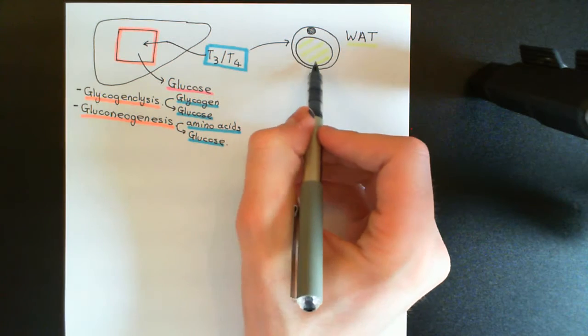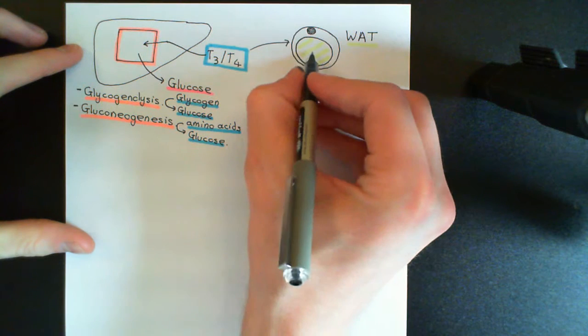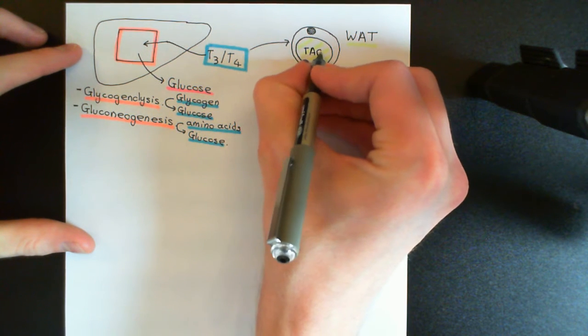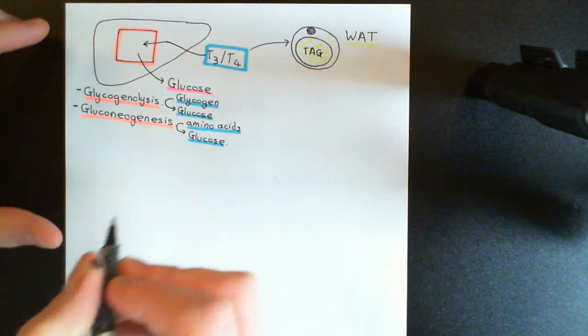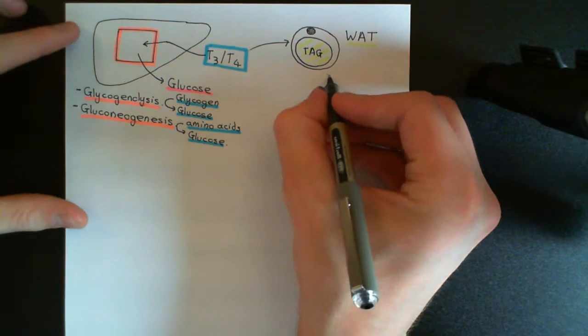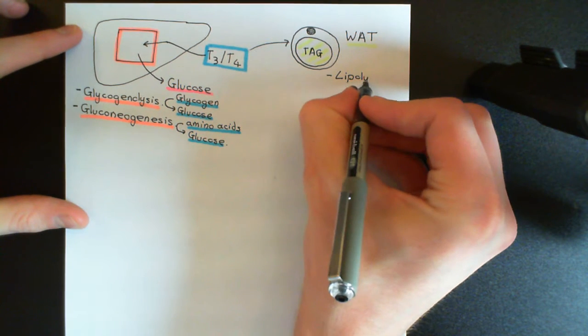So white adipocytes, they have a great big fat droplet in the centre of them where they're storing loads of triacylglycerols, or triglycerides for short, so there's lots of TAG molecules in here. Now, T3 and T4 molecules will continuously be having an effect on these white adipocytes, and they're continuously going to be activating the lipolysis process.